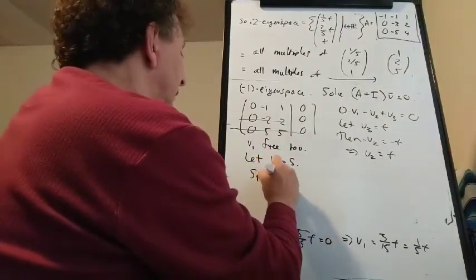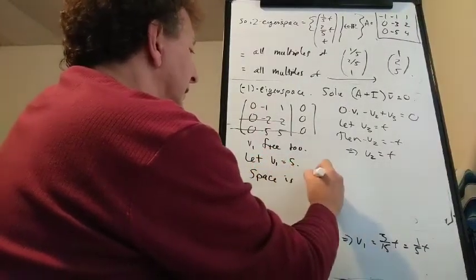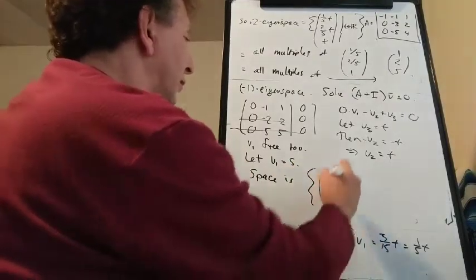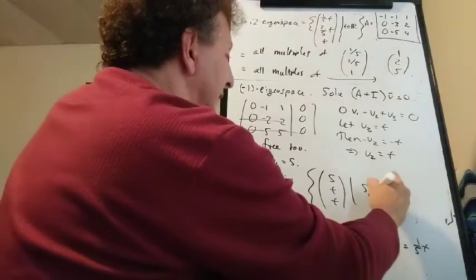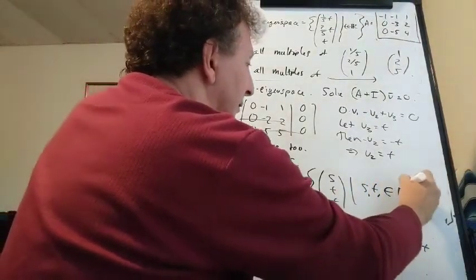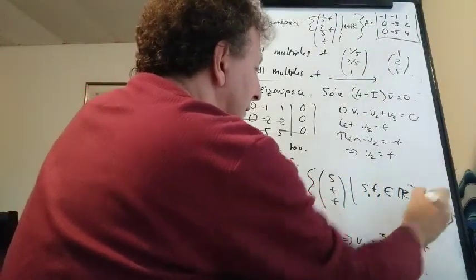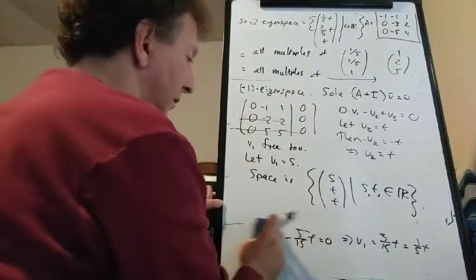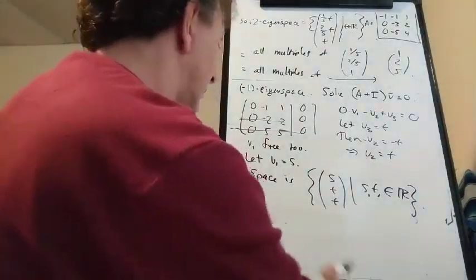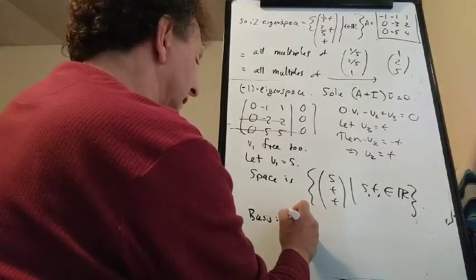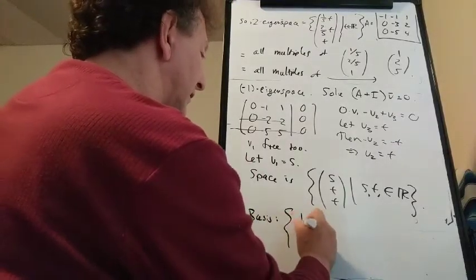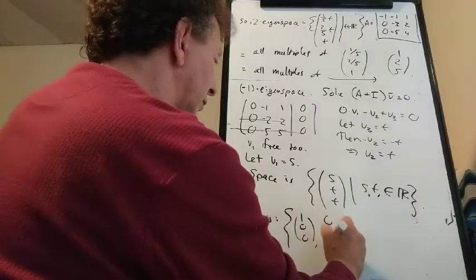So the -1 eigenspace is all vectors of the form s, t, t, where s and t are real numbers. So a natural basis is 1, 0, 0 and 0, 1, 1.